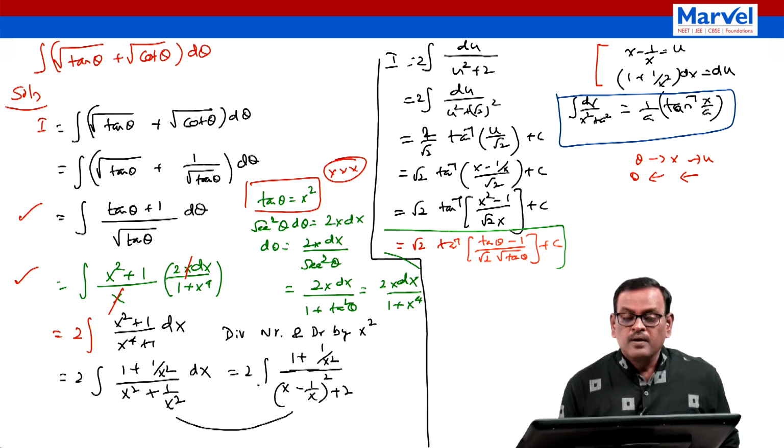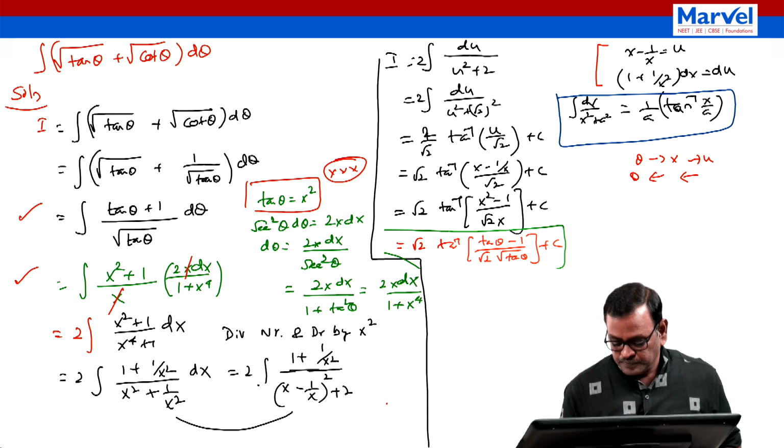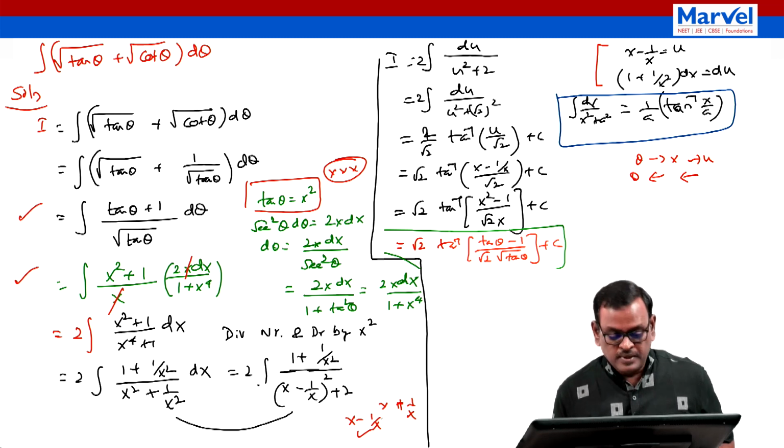So we can write the denominator in terms of x plus 1 by x, or x minus 1 by x, depending upon the sign of the numerator. If the sign of the numerator is positive, the denominator should be x minus 1 by x. If the sign of the numerator is negative, the denominator should be x plus 1 by x.